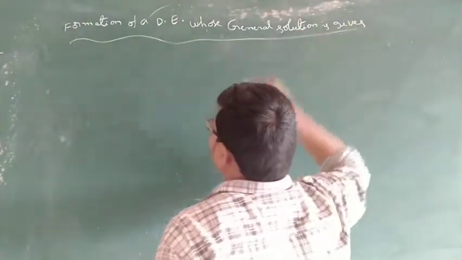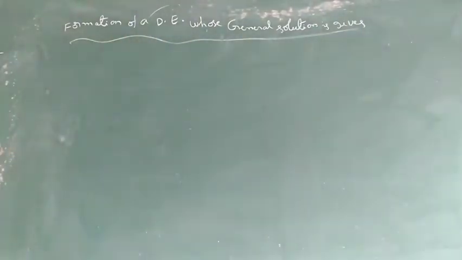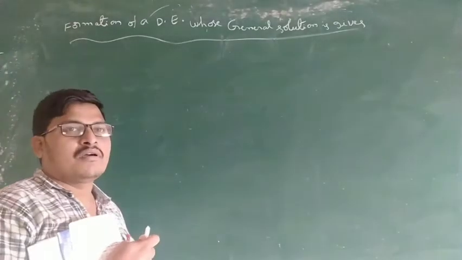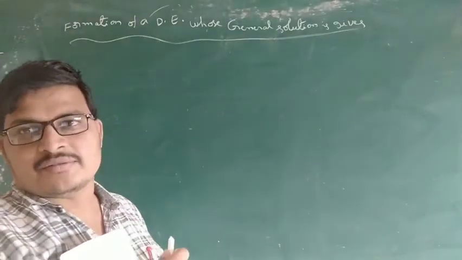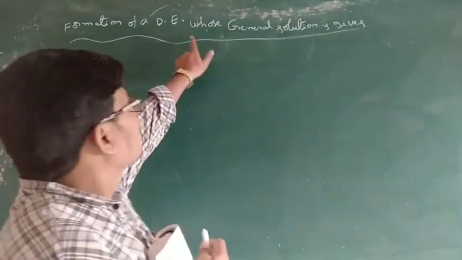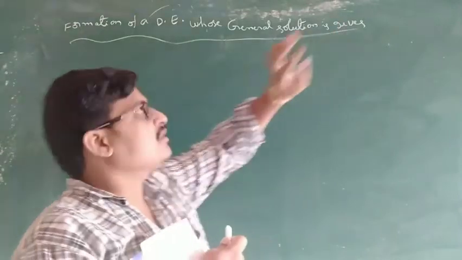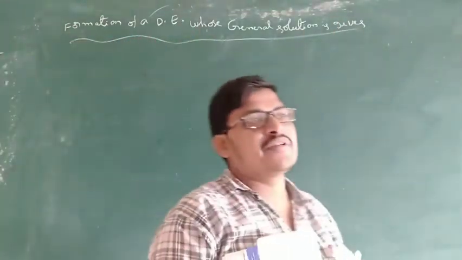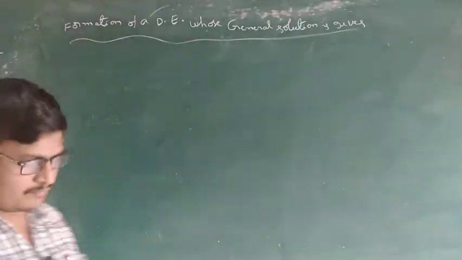Formation of differential equation whose general solution is given. General solution is given. Okay. In the general solution, there are arbitrary constants. So, whose general solution is given, for formation of a differential equation. Differential equation formation model. Okay.